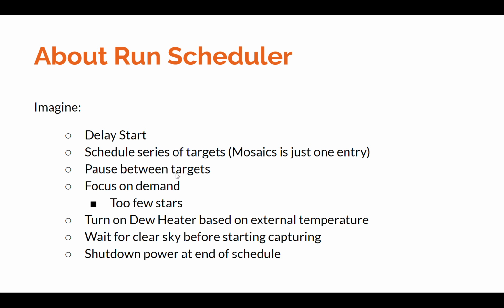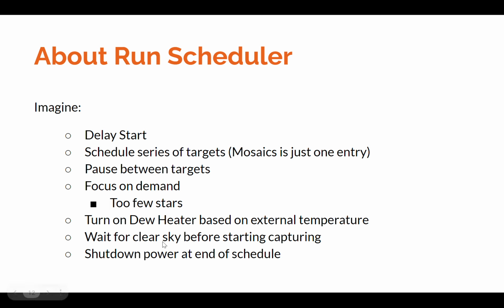I can pause. I can even focus between targets or even inside targets, or I can focus on other demands and stuff. I can turn on the heater at a specific time, or maybe even based on external temperature, because the Seestar actually has a temperature sensor, so you can gauge if the temperature is below whatever, turn on the heater.